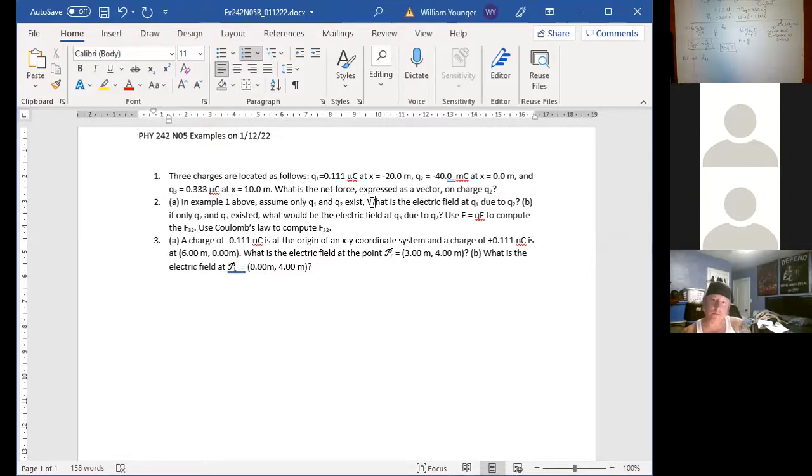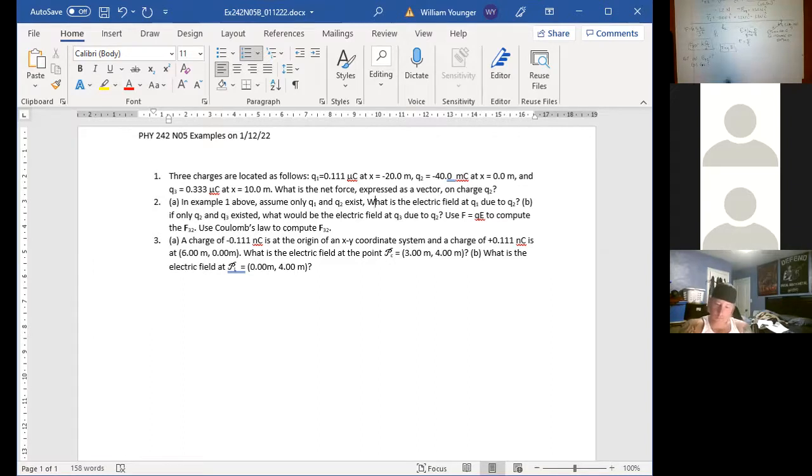I'm going to use the same notation again. For part B, what's the electric field at 3 due to 2? So that one's going to be E32. That's what they want to know for part A and part B.